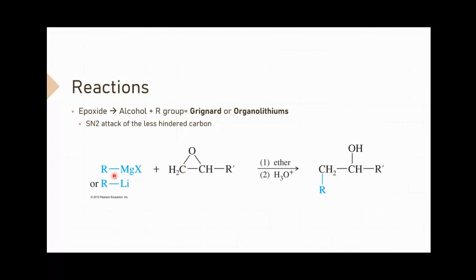And it works for Grignards or organolithiums. And the ether is the solvent and the acid is there for workup. Oh wait, the acid here is actually to open up the ring. To help open up the ring.